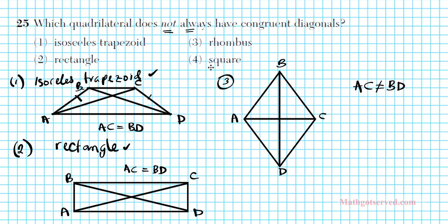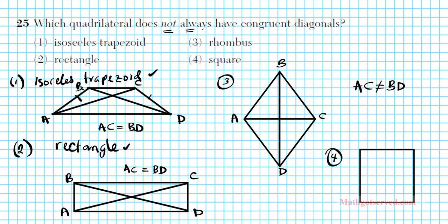All right? How about a square? We know that every square is a rectangle, but not every rectangle is a square. A square is a special case of a rectangle, so since a rectangle has congruent diagonals and a square is a rectangle, we can just conclude that the square automatically has congruent diagonals. All right? Well, if you want me to show you, it's pretty straightforward to see that no matter how you draw a square, the diagonals will always be congruent. So little square, big square, the diagonal is always congruent.